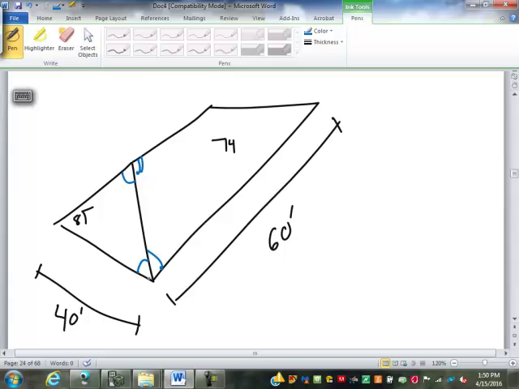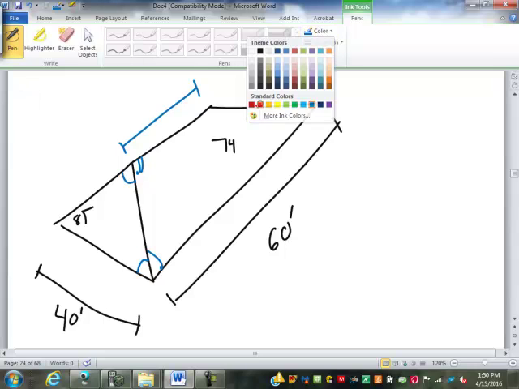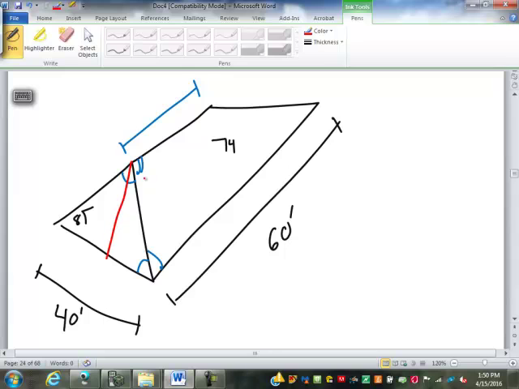The 4 angles. I also want to know the length of the ridge. Also want to know the length of the slope here, length of the slope here. If I find those things, finding the area should be easy, correct?